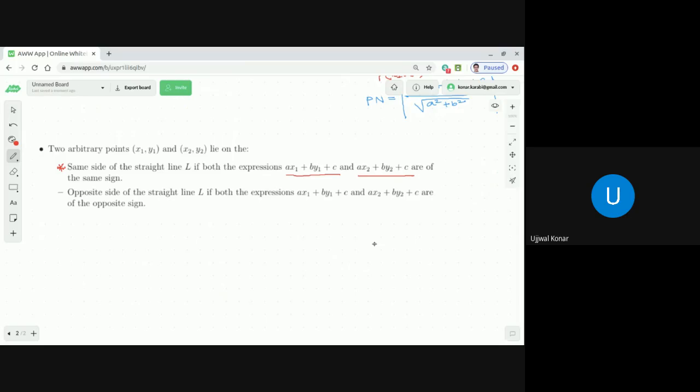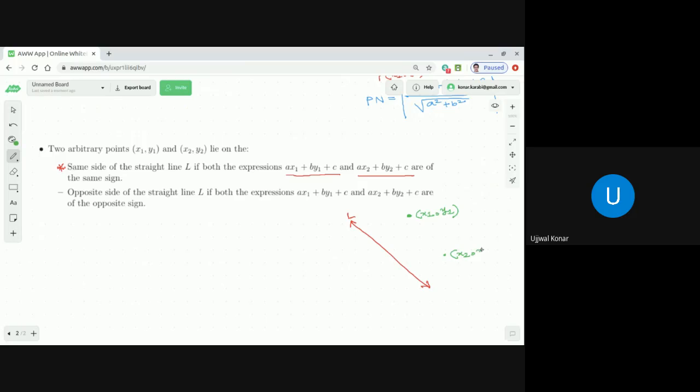What is the geometrical representation? Suppose this is a straight line L as given, whose equation is ax plus by plus c is equal to 0, and we get 2 points. Suppose one point is x1 comma y1, and another point is x2 comma y2.